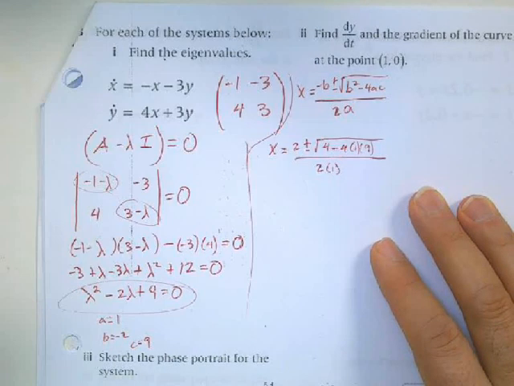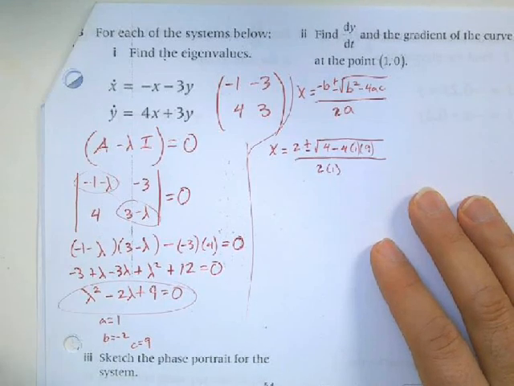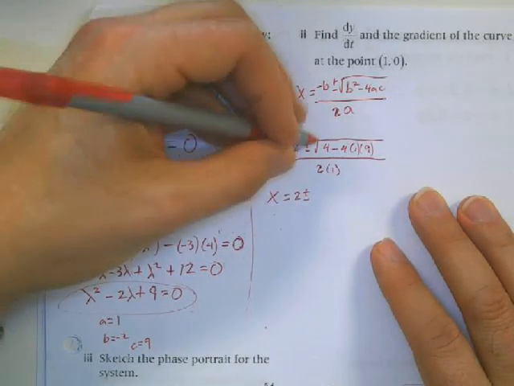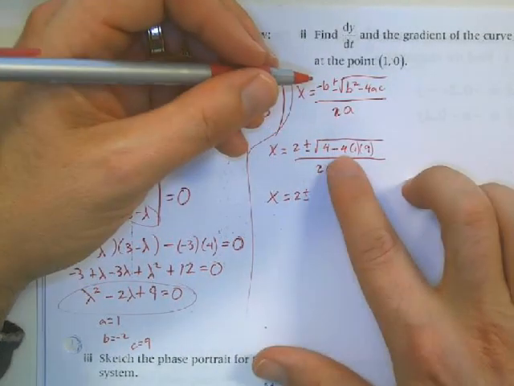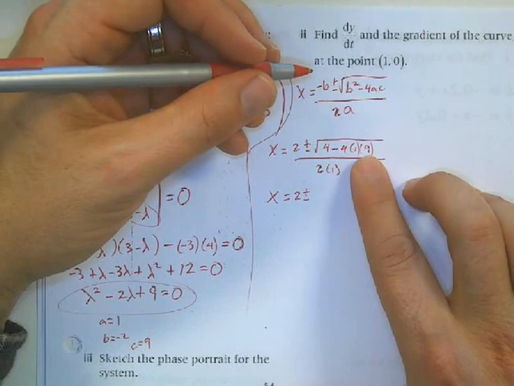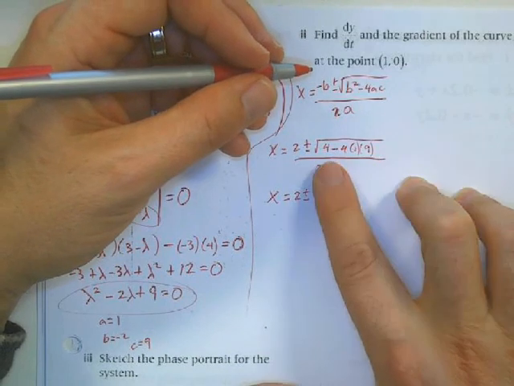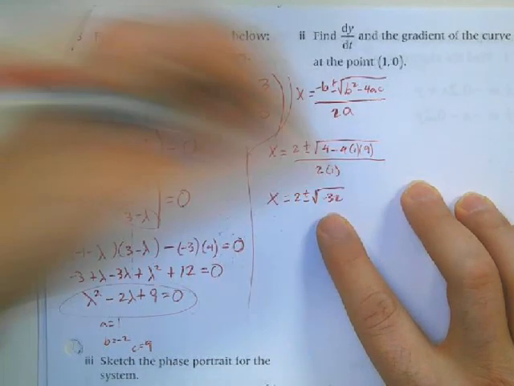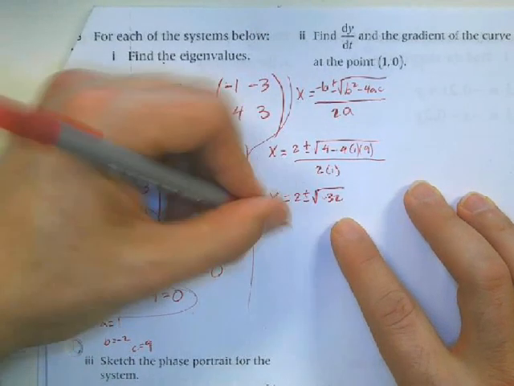Okay, let's simplify this further. We get x equals 2 plus or minus square root of, 4 times 9 is 36, 4 minus 36 is -32. And then that's over 2.